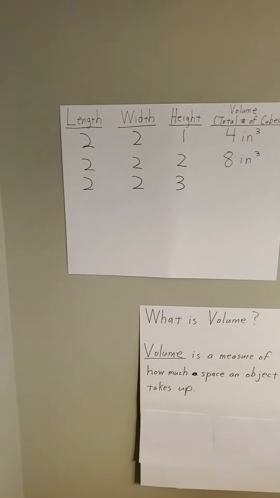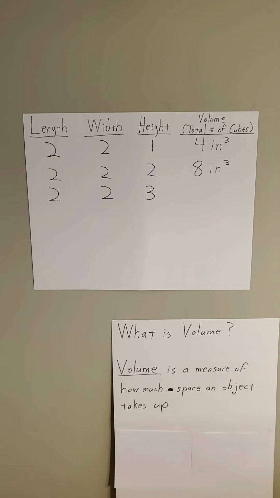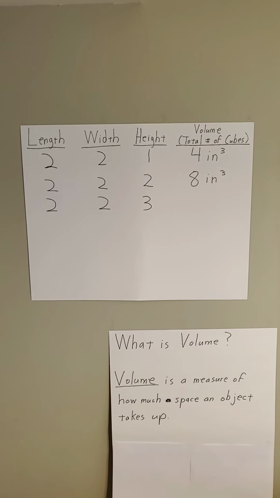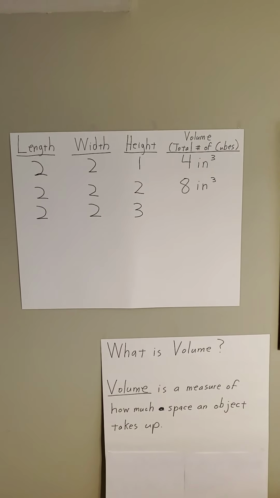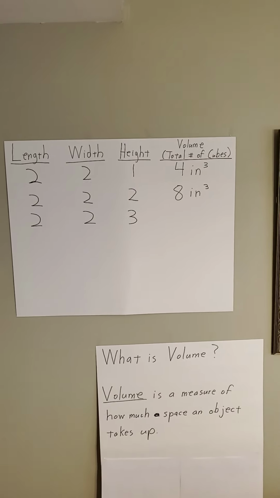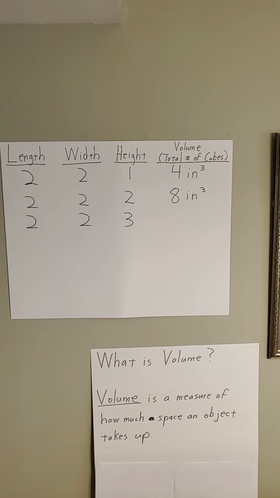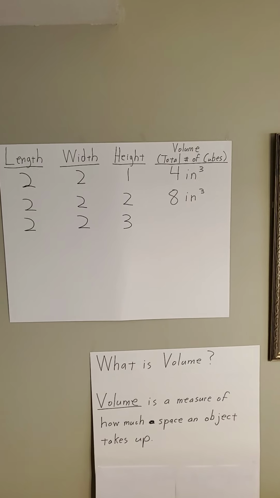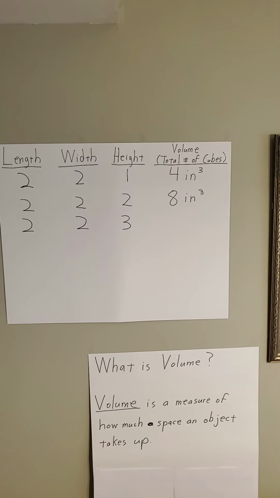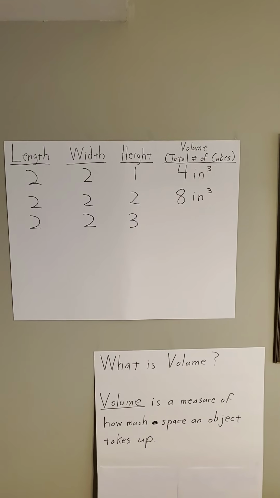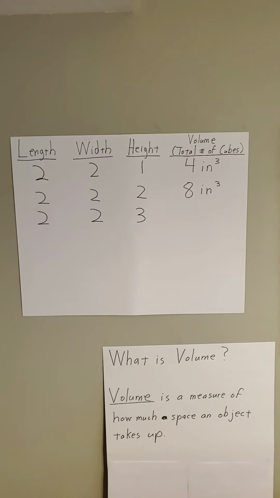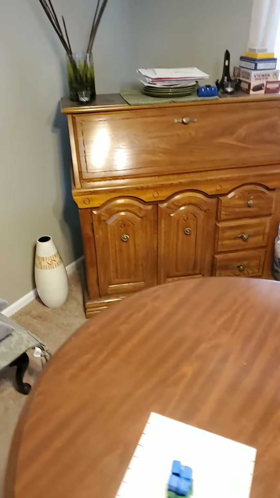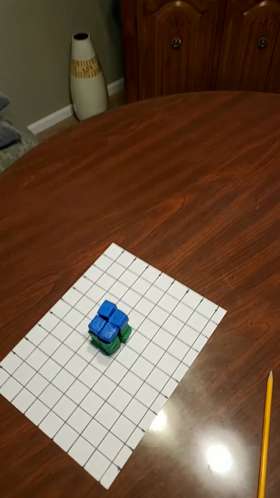So, if this new house is 2 inches long, 2 inches wide, and 3 inches high, what do you think the new volume is? I think you can look at the pattern and get an idea. I think you already know what the answer is, but just to be sure, let's go back to the house and see how many cubes there are.